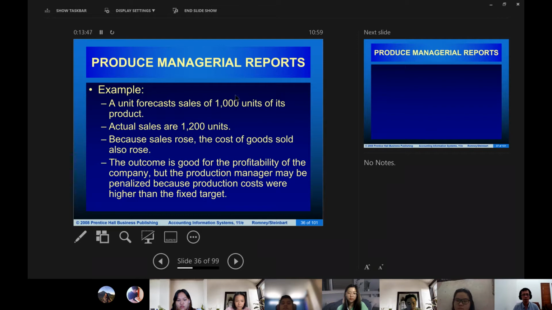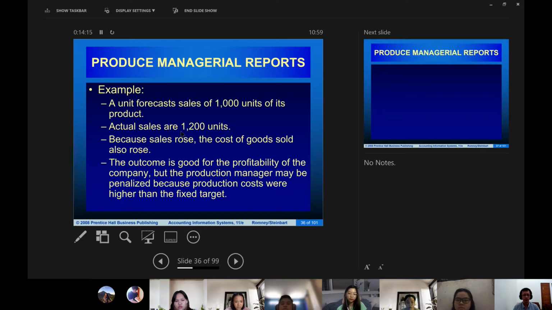If 1 unit costs 1 rupiah, then 1,000 units should only cost 1,000 rupiah. But because they produced more, 1,200, it costs 1,200 rupiah. So obviously, the actual cost will be higher than the budget.